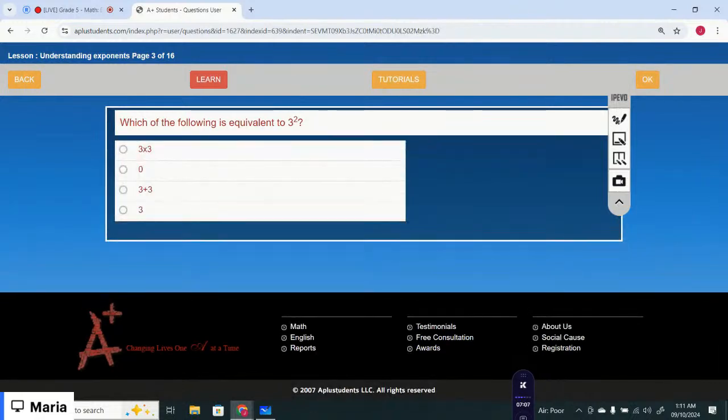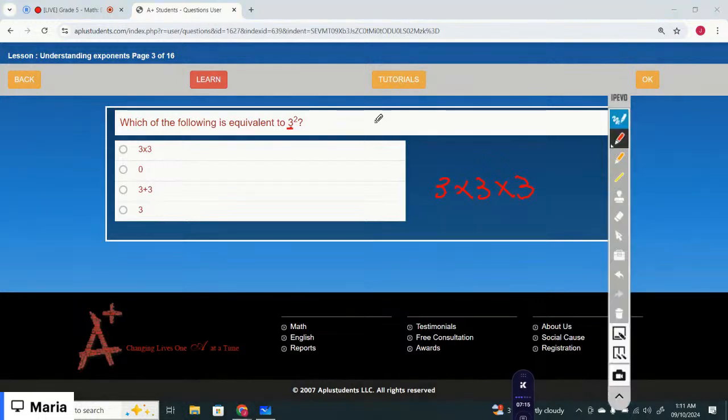Which of the following is equivalent to 3 exponent 2? So how do you write 3 exponent 2? That means you're going to multiply 3 how many times? You're going to multiply 3 2 times because the exponent is 2. So that is 3 times 3. Got it?